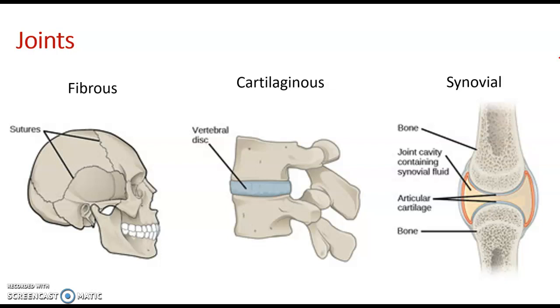However, most joints in the body are this third type, synovial, and these are our freely movable joints. These guys still have cartilage, but it's a much, much thinner layer, and it's going to be found surrounding the parts where the bones may actually meet.